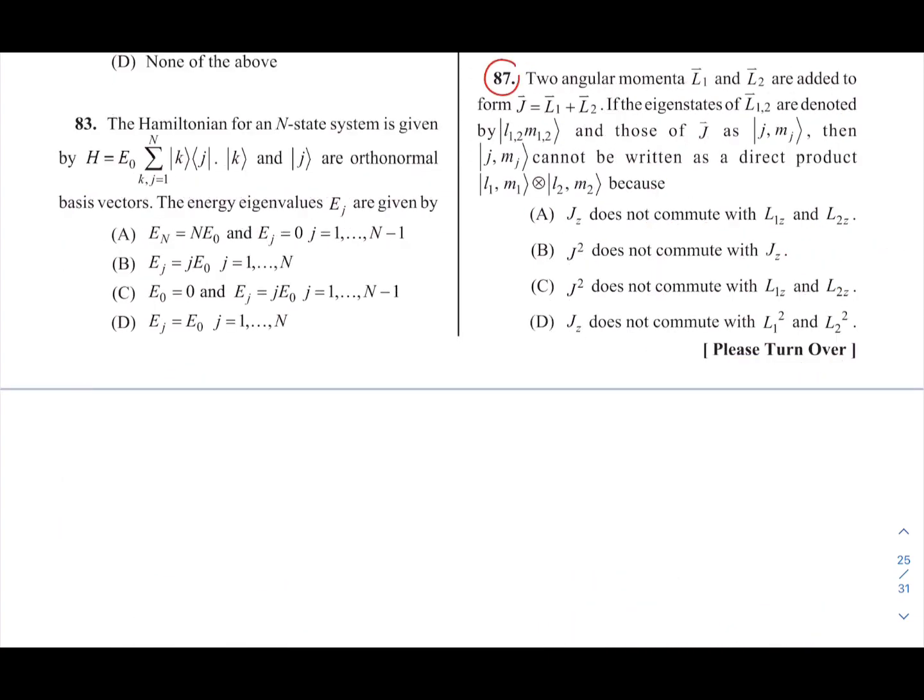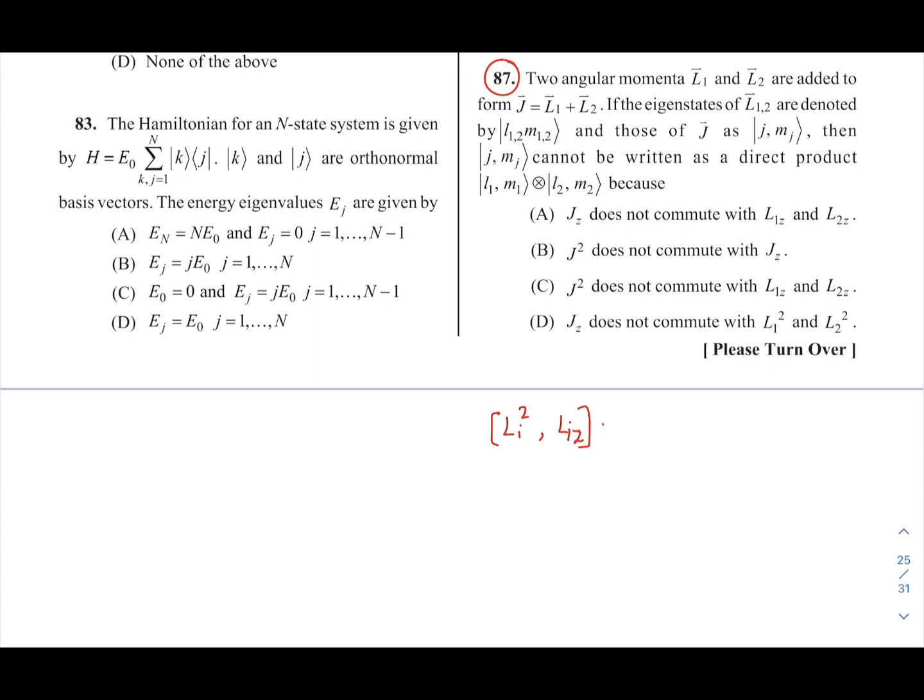Problem number 87. Two angular momenta L1 and L2 are added to form J. If the eigenstates of L1 and L2 are denoted as l, m and those of J as j, m_j, then J m cannot be written as a direct product of l1 m1 with l2 m2 because we know Li squared commutes with Li.